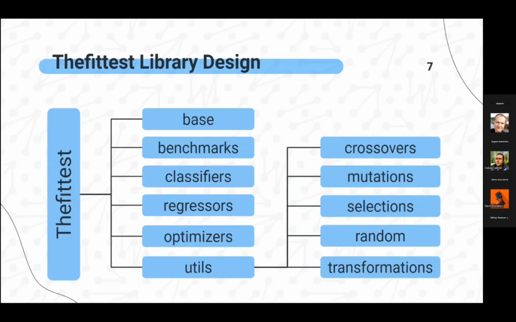Next is the benchmark module, a testing tool that provides standard optimization problems as well as widely used data sets for classification or regression problems. Following that are the classifiers and regressors modules, which offer ready-to-use solutions for classification and regression problems respectively.